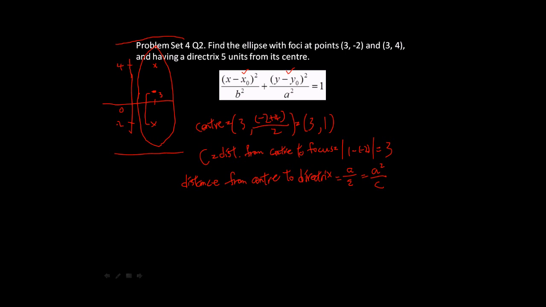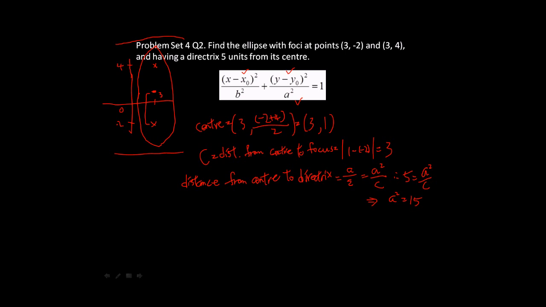We just substitute the ratio C over A into this, all right? And therefore we have 5, which is the directrix 5 units from the center, equals A squared over C, right? So from here we know that C is 3, so therefore A squared equals 5 times C, which is 15. All right, we have A squared.